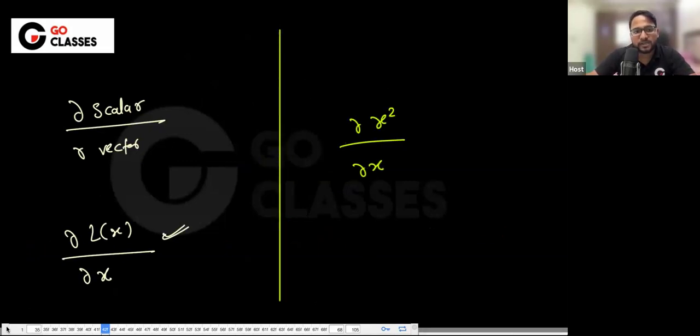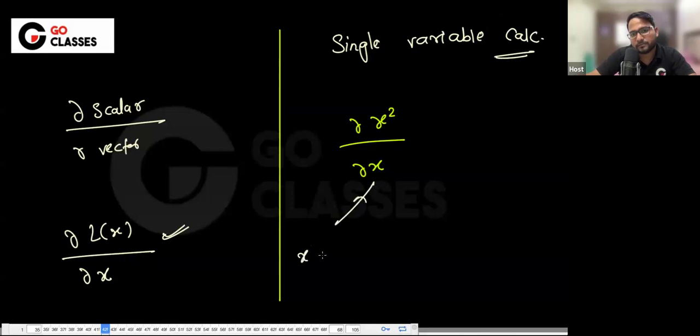Okay, just a single variate. Here x is scalar. So we have done this, right? It will be 2x. Okay. So scalar with respect to scalar, we have done this, but scalar with respect to vector, we are actually seeing very first time, right? So let's just see quickly.